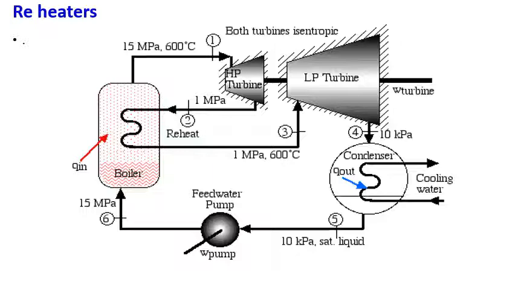Reheaters. What are reheaters? In the Rankine cycle, we have studied a bleed type turbine, and one more is the reheater. In the HP turbine, after a certain stage of its expansion, a tapping is taken out from the turbine, reheated and sent to the LP turbine.